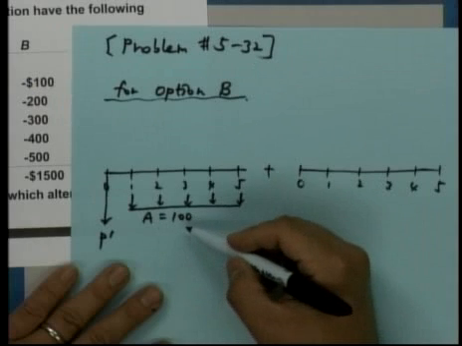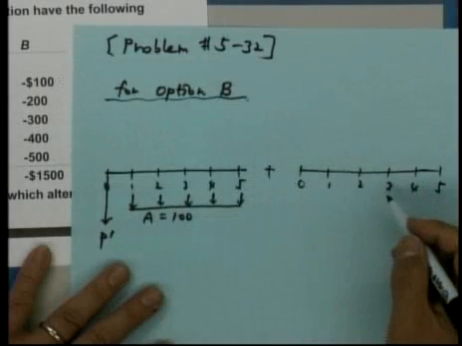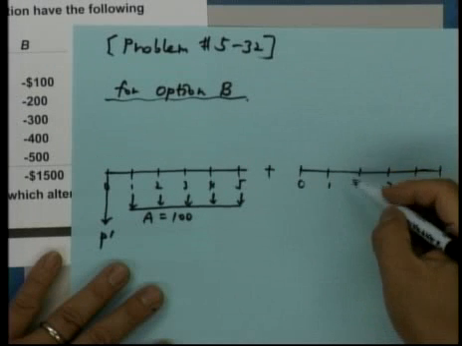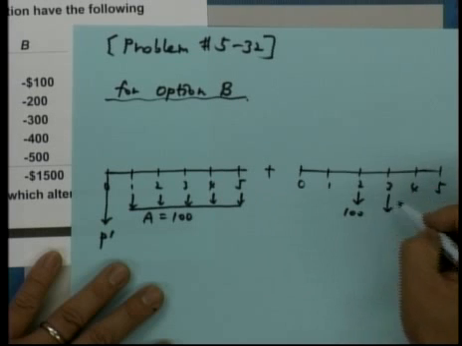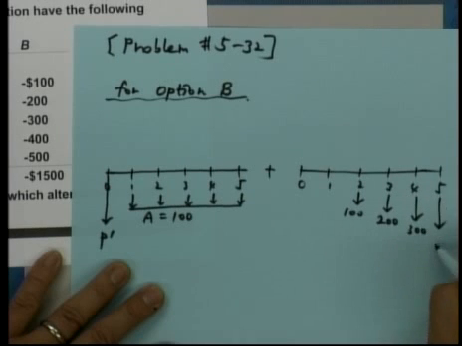If you take out $100 from each period here, at the end of period 2, we have 100, period 3, 200, period 4, 300, and period 5 we have 400.